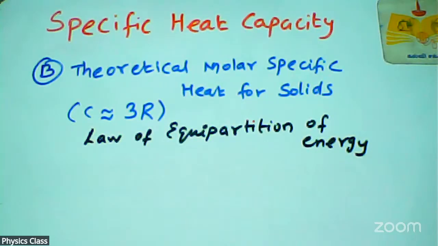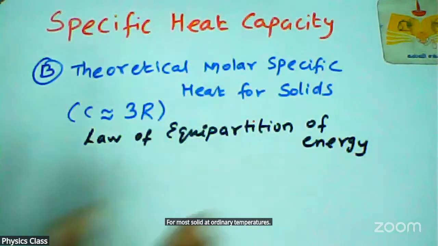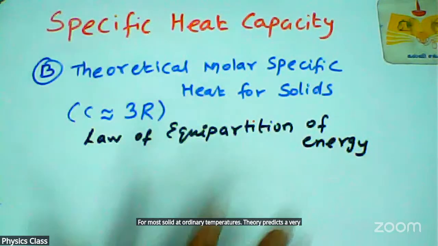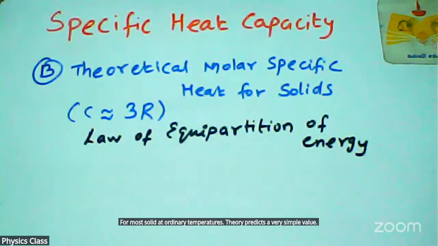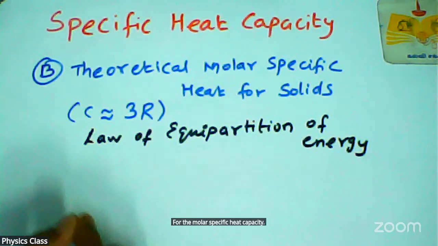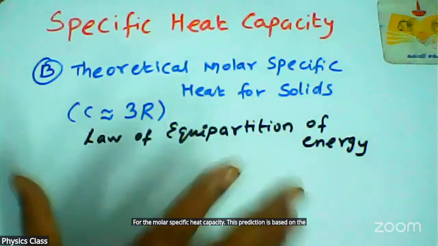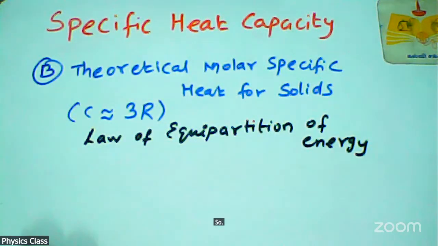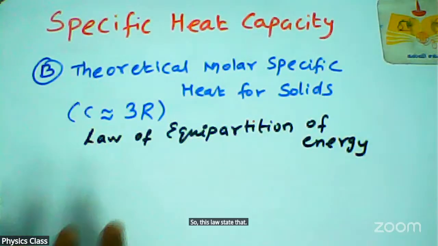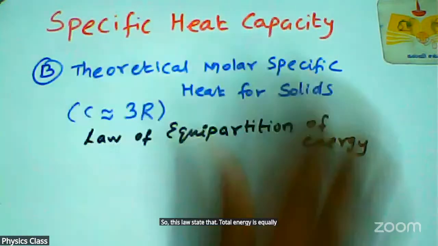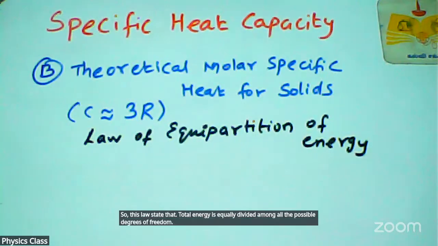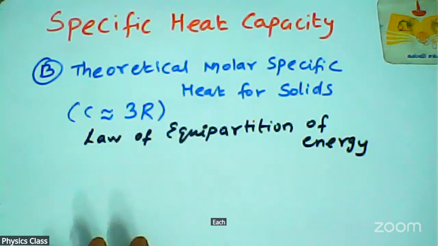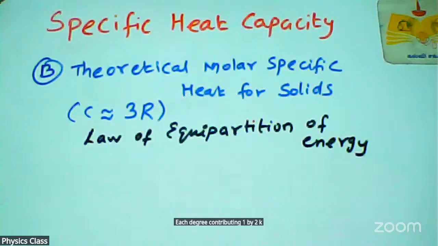This law states that total energy is equally divided among all the possible degrees of freedom, each degree contributing 1 by 2 kT of energy per molecule.